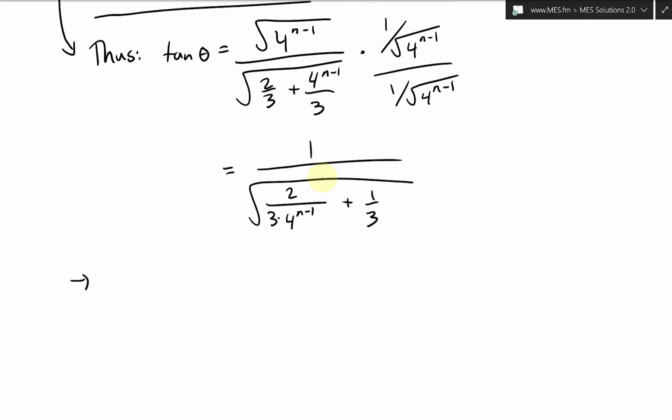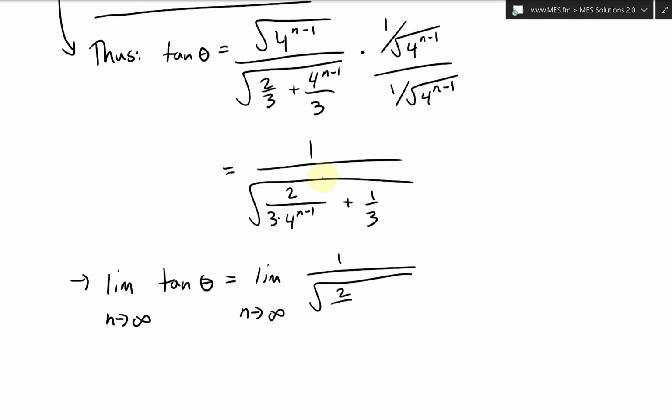So thus, the limit as n approaches infinity of tan theta equals the limit as n approaches infinity of 1 over the square root of 2 over 3 times 4^(n-1) plus 1 over 3.